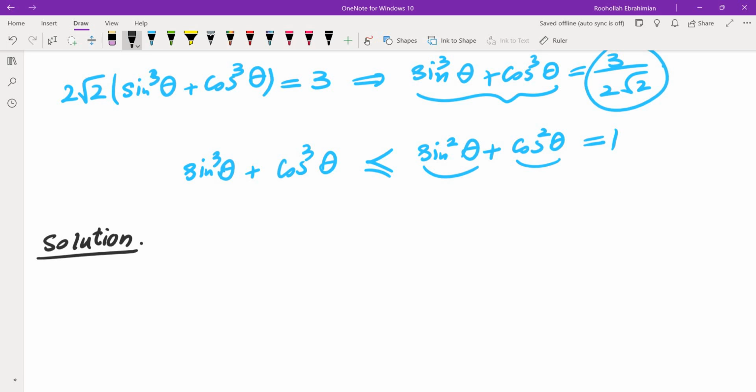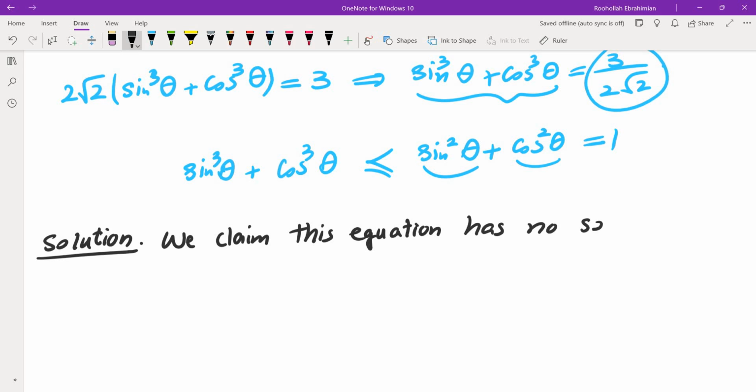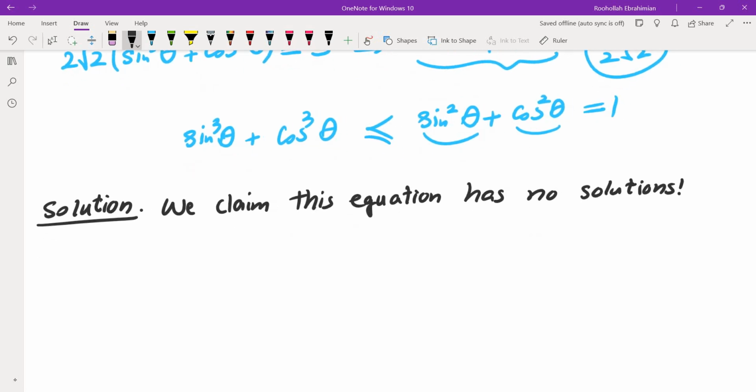So first, let's write down the claim. We claim this equation has no solutions. So how do we write down the solution for this? Let's first assume that there is a solution.